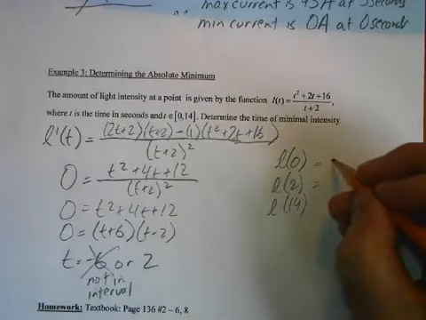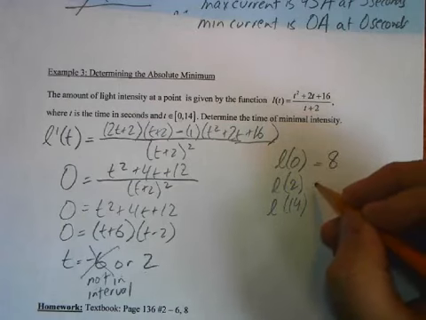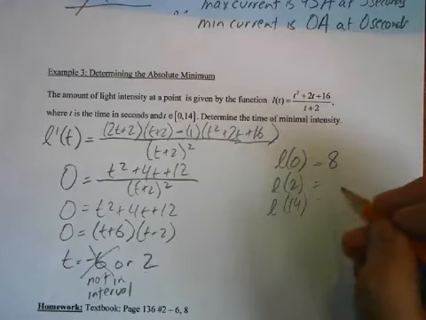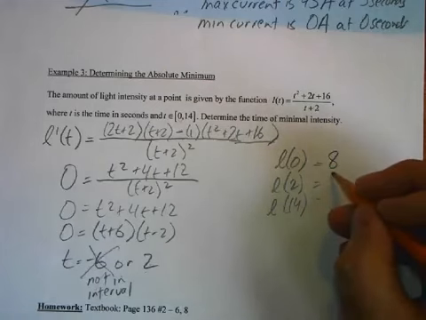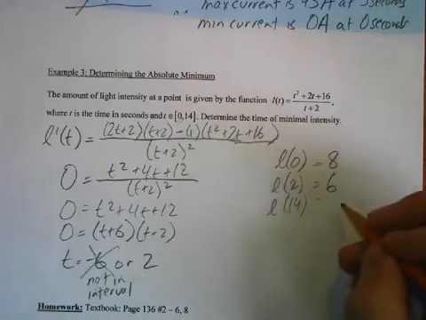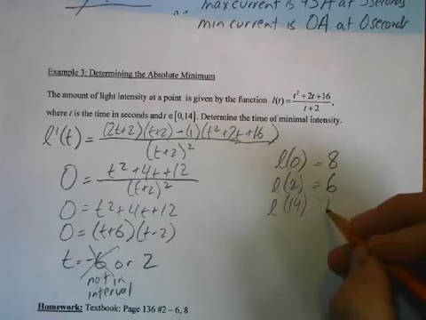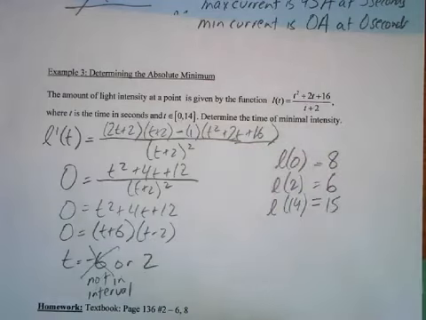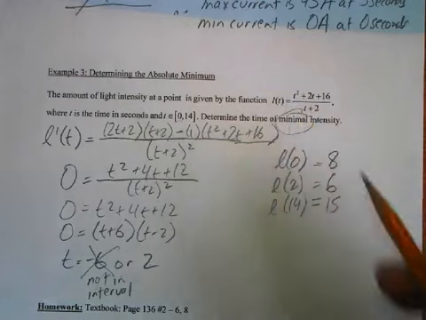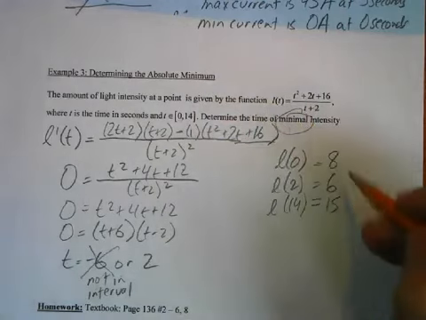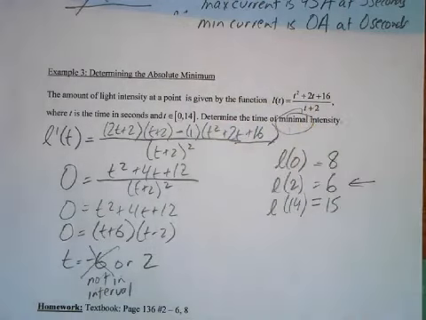We're going to get 8. I'm not even sure what the units are here. Just call it units, I guess. At 2 seconds, the light intensity is 6, and at 14 seconds, the light intensity is 15. So we're looking for the minimal only. So the lowest of these three is the 6.